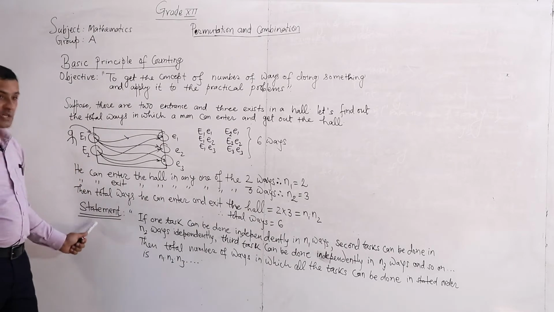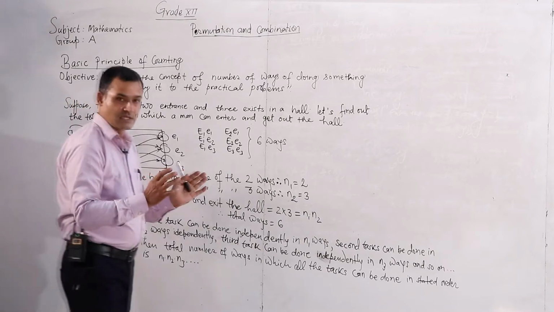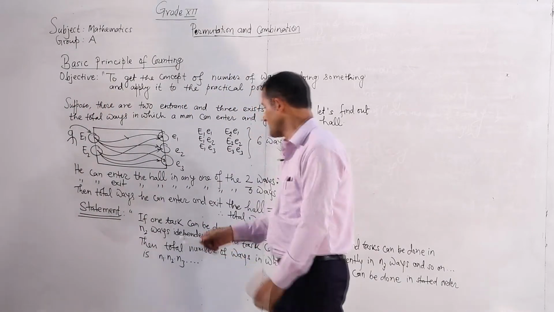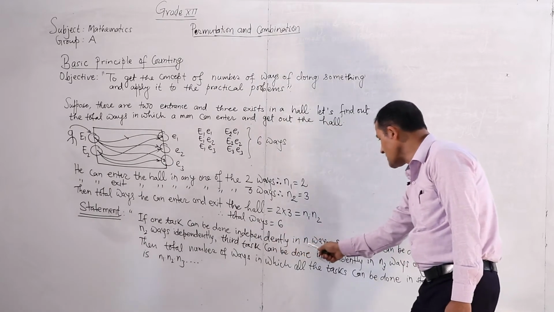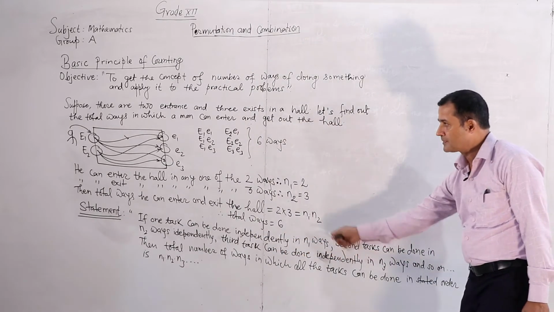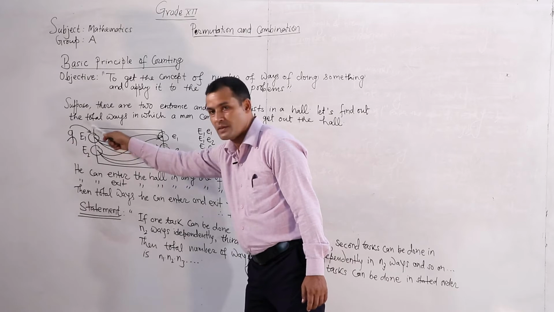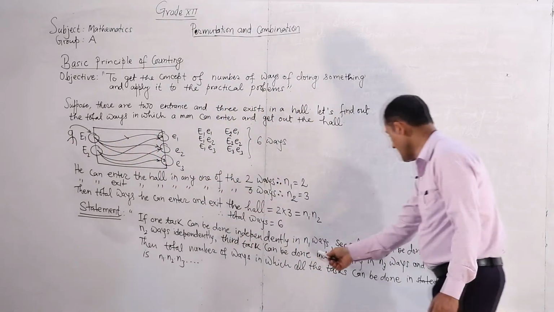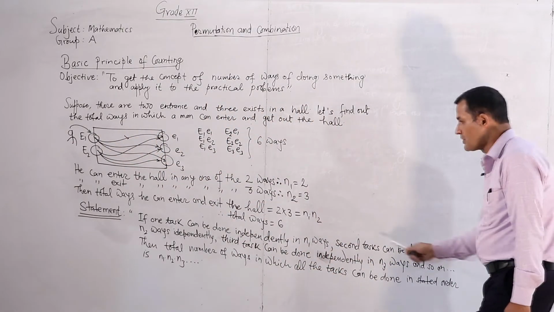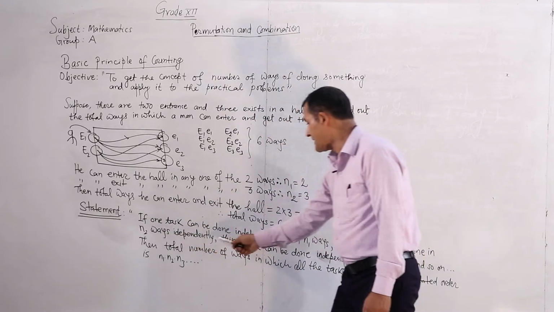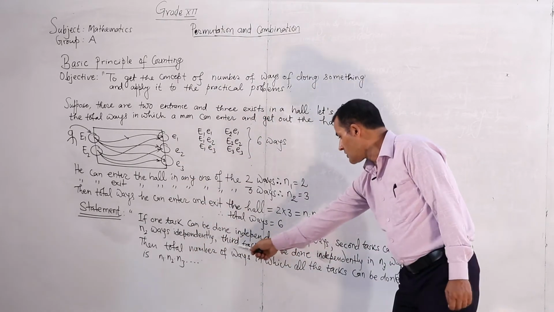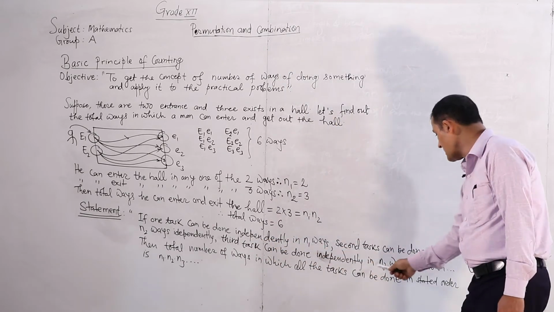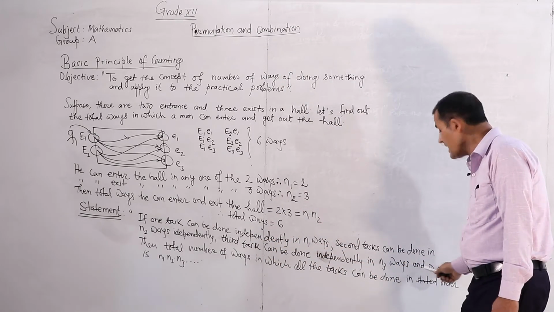Now go to the statement to formalize and generalize this concept. If one task can be independently done in N1 ways, here entering the hall is one task, the second task can be done in N2 ways independently, here may be another hall, the third task can be done independently in N3 ways, and so on.